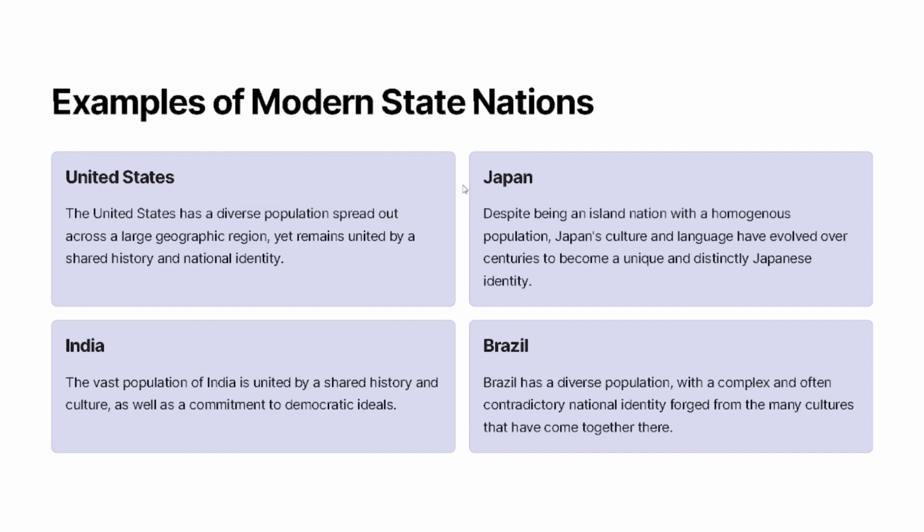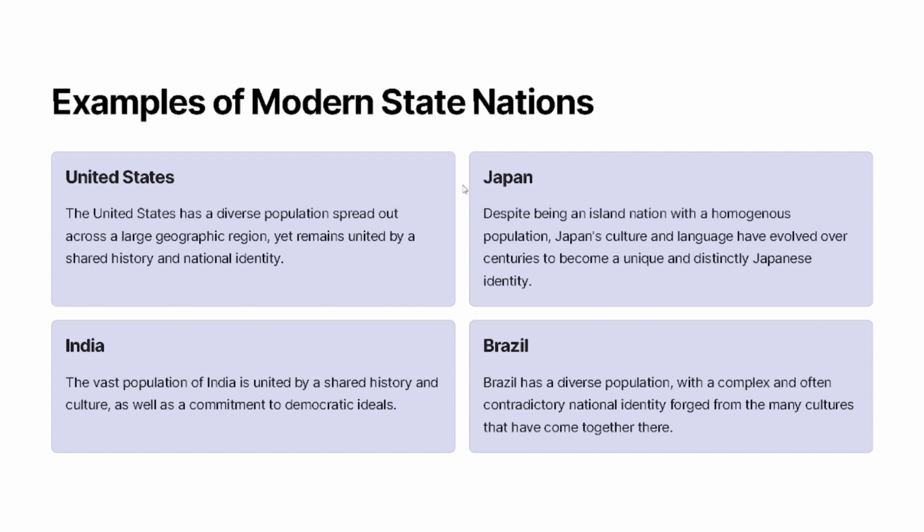And Japanese people are one of the most honest people around the world. India has a vast population which is united by shared history and culture as well as commitment to democratic ideals. And recently, they launched their mission to the Sun, and they reached the Moon.